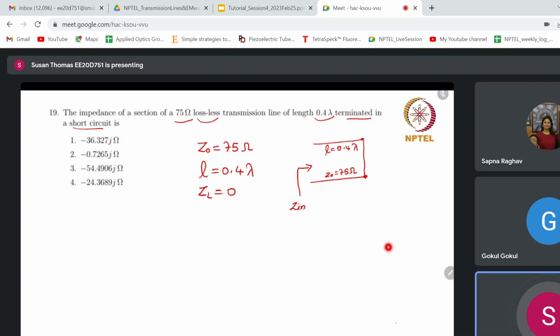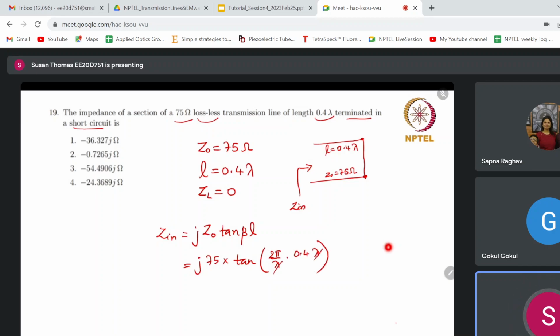We have a direct equation: Zin is j Z0 tan beta L. So j into 75 into tan beta L. How do you calculate beta? 2 pi by lambda into L, and L is 0.4 lambda.